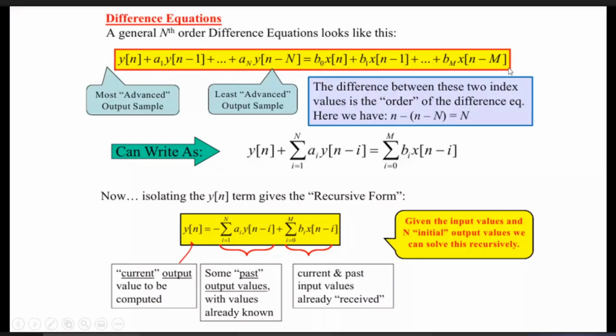Now this can be represented as y[n], taking the present term y[n] separately, plus the sum of weighted delayed outputs, sum of ai y[n-i], equal to the sum of i equal to 0 to M of bi x[n-i].